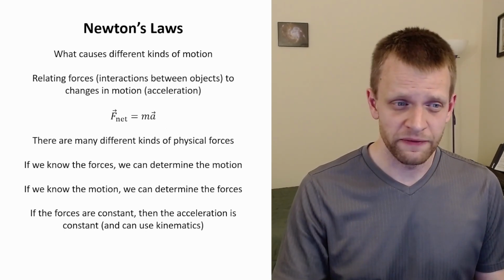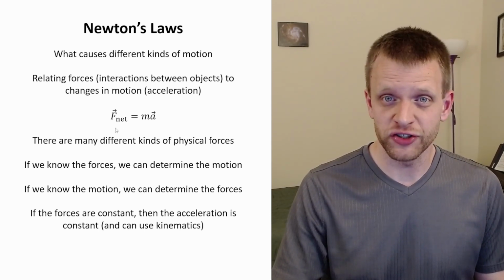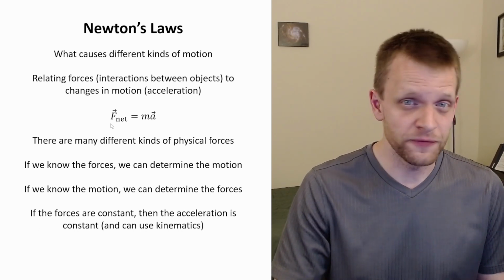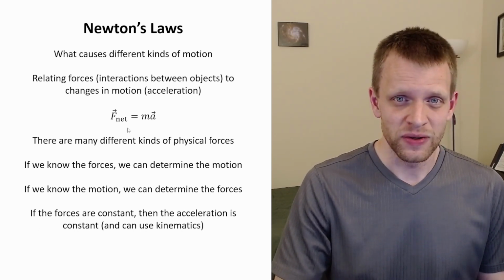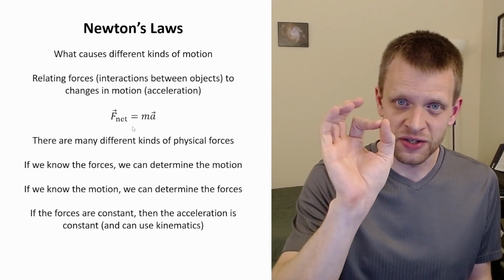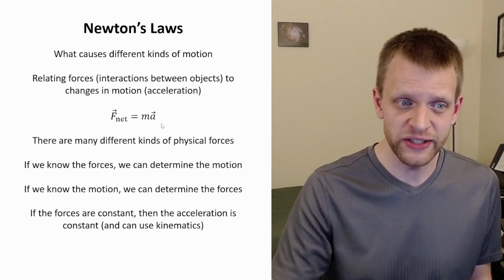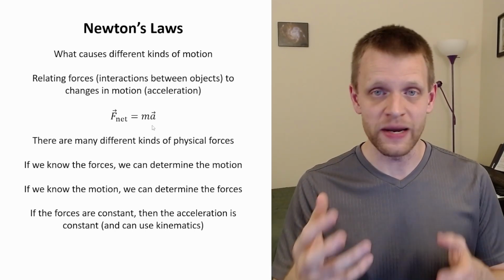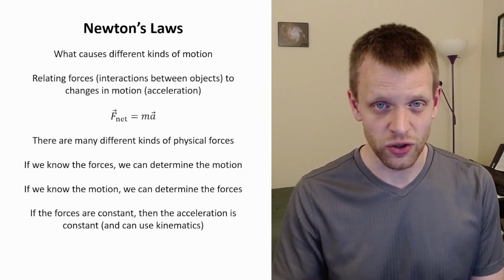Now, we can also have cases where the forces might be changing as the object moves from one location to another. And if those forces are changing, well, the situation becomes a lot more complicated. At every one of those different instances, every time that force changes, my acceleration is going to change as well, so we won't be able to use those constant acceleration equations.